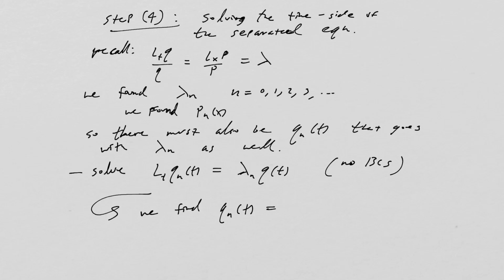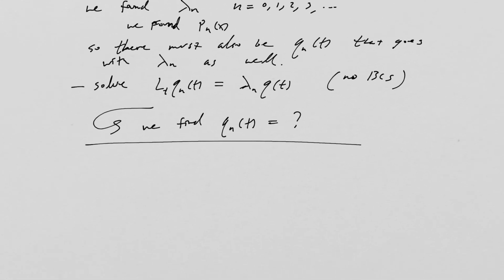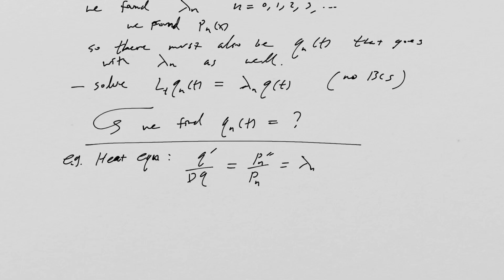Qn of t, it's equal to something, right? We'll say that we know what it is, but let's just do a specific example. Let's go back to our heat equation. So the heat equation, we had Q single prime over D times Q was equal to P double prime over P, but now we have those Pn's, and then we know that's equal to the lambda n's, and the lambda n's can actually be written this way.